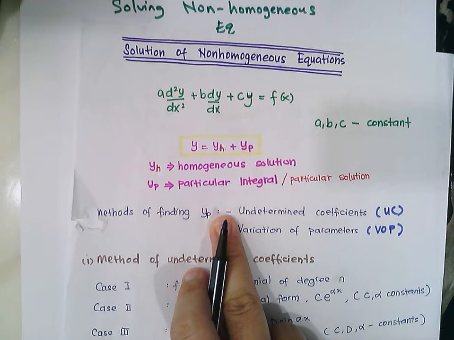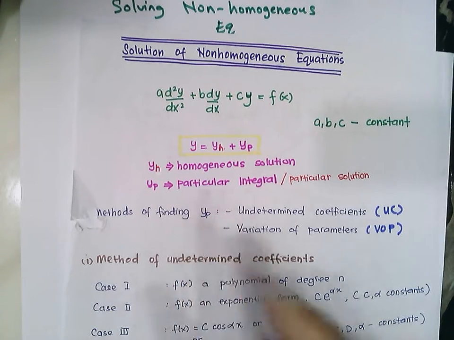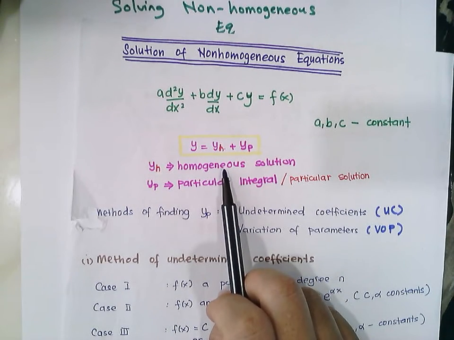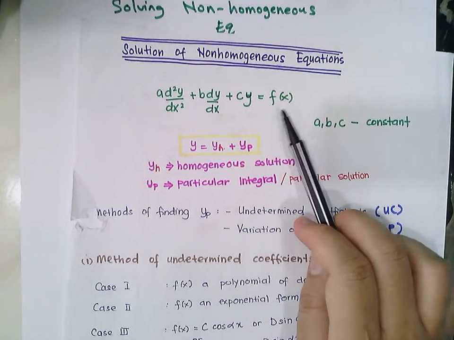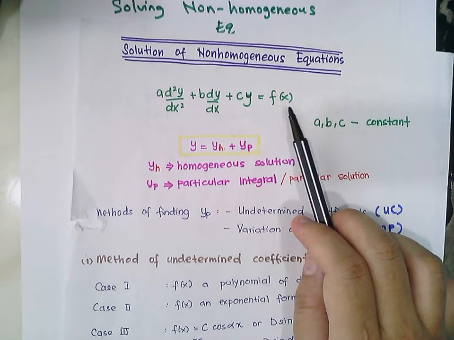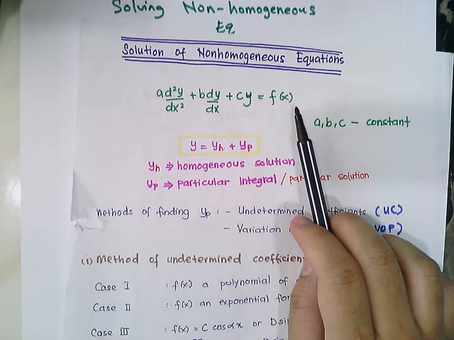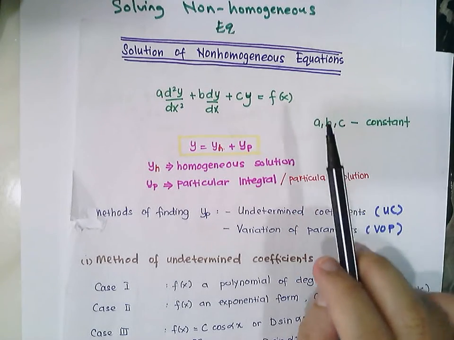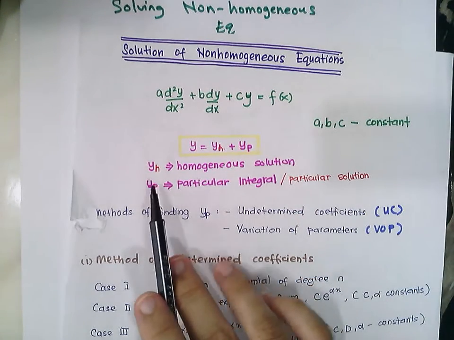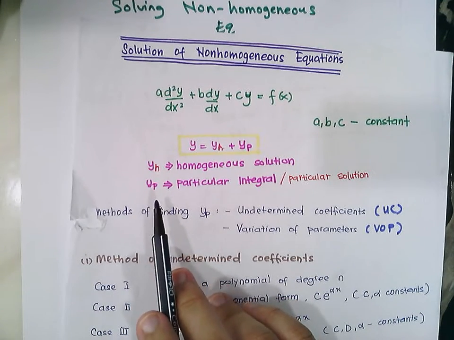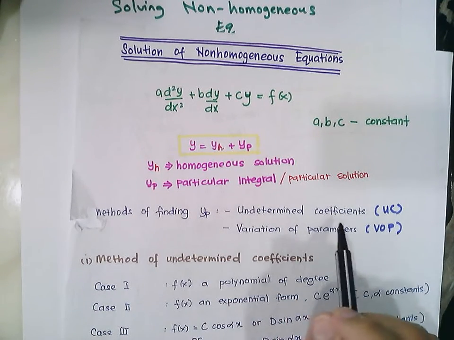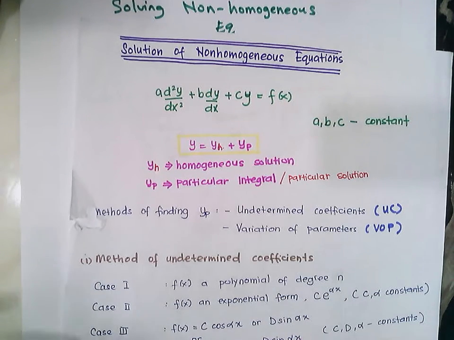Are you clear? So yh we obtain from homogeneous solution by assuming your fx is equals to 0. You will do the same steps like in the previous video. So now our main problem is yp.